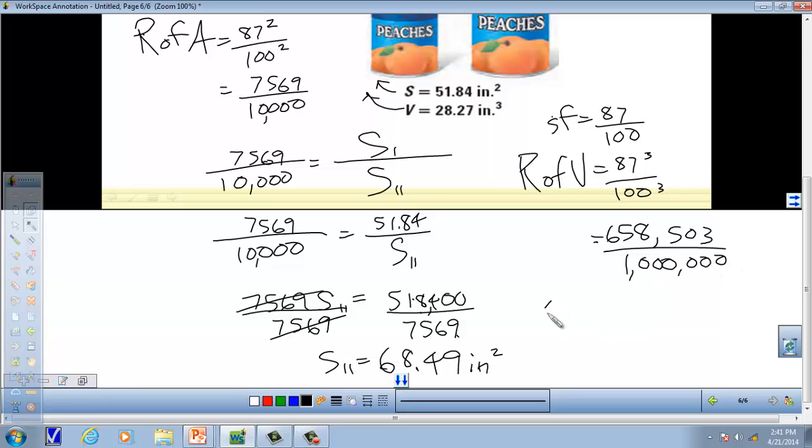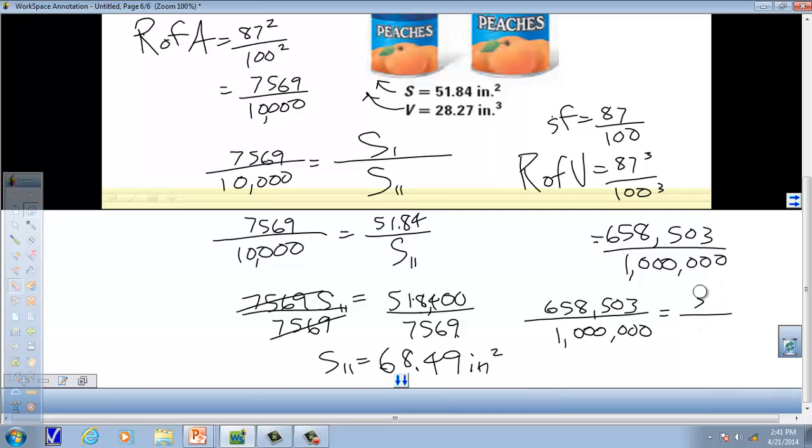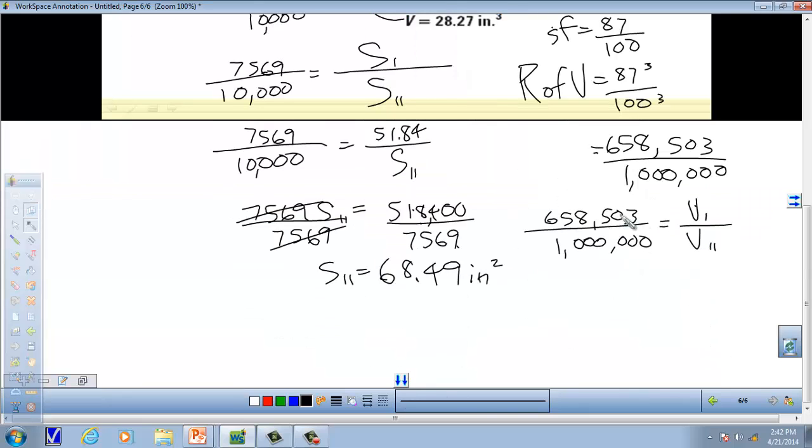So now we know that 658,503 over 1,000,000 is going to equal, not the surface area this time, the volume for 1 over the volume for number 2. So that gives us 658,503 over a million.